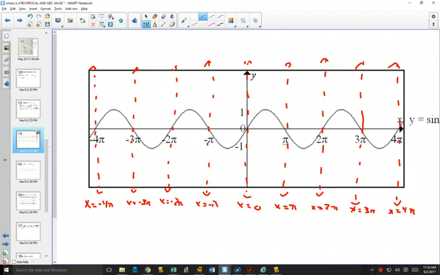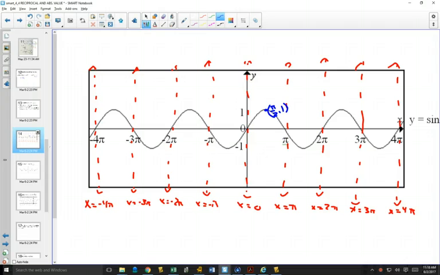Does our graph go up forever or down forever? No. So we don't have an asymptote at y equals 0. The next thing you're going to do is some points. If we look on here, we have this point right here, which happens at pi over 2 comma 1. Can you see if you did the reciprocal of that one, you would get the same point.